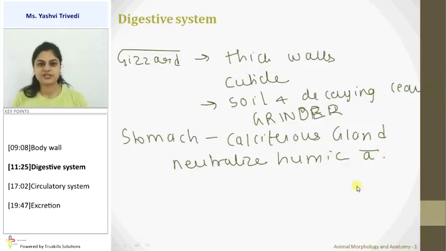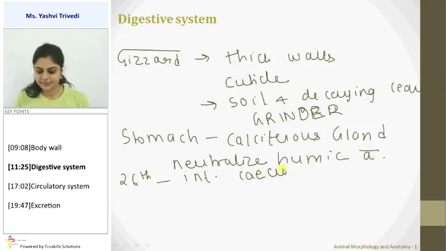So that will be neutralized by the calciferous glands. Then the food enters the intestine. Intestine is mainly there for the absorption purpose. Particularly in the 26th segment, there is a pair of intestinal caecum present, and they secrete enzymes for carbohydrate digestion.